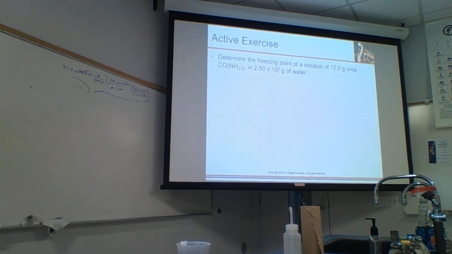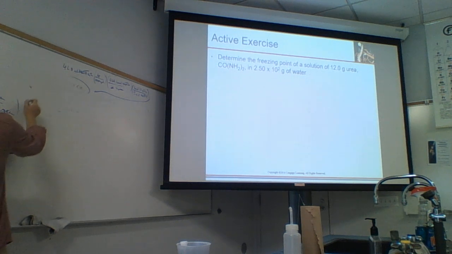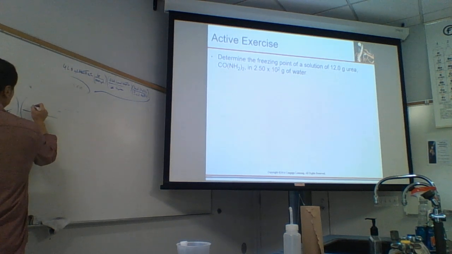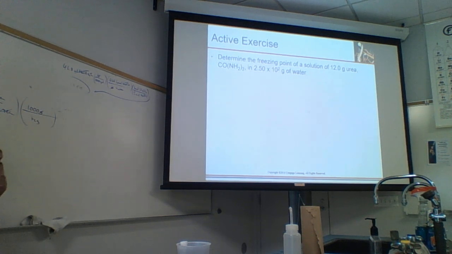I can convert grams of urea to moles of urea using the molar mass. 1 mole of urea weighs 60.07 grams. Grams of urea cancel, leaving moles of urea. Then I have grams of solvent, but I need kilograms of solvent, so 1,000 grams per kilogram. The grams cancel, leaving kilograms of solvent. So the first step is we need the molality.